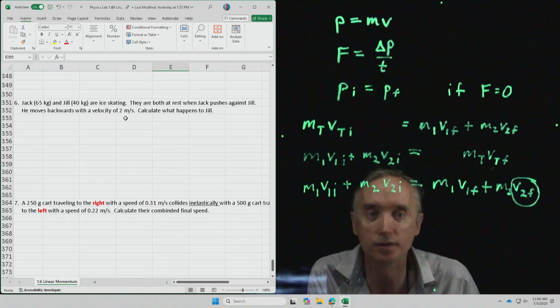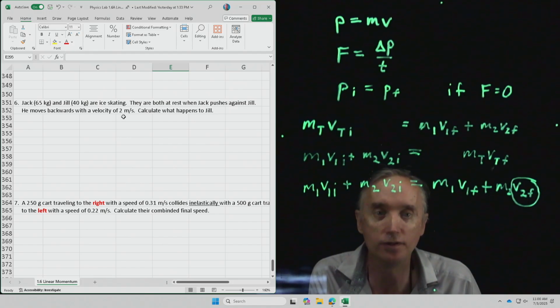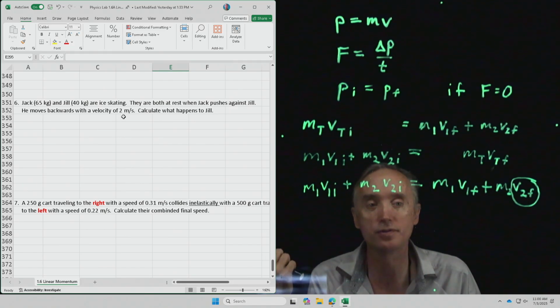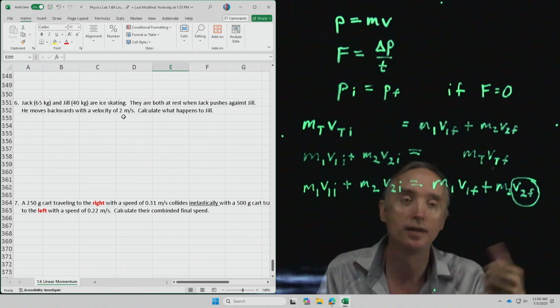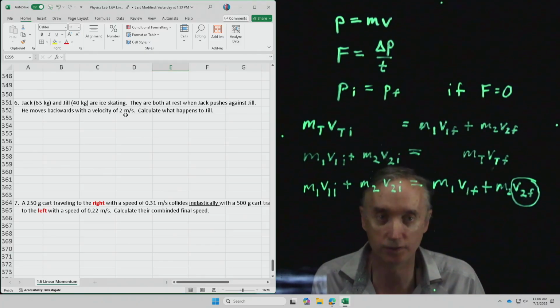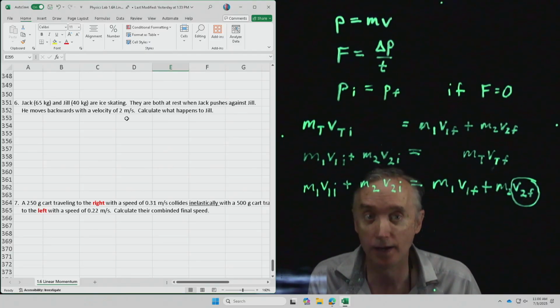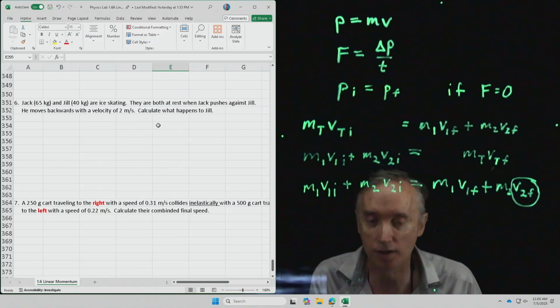Now notice that I didn't put a sign convention on there. So you need to figure out which one's going backwards and which one's going forwards. And that's going to be important because that determines the sign. And then calculate what's going to happen to Jill. So I need to know her velocity and in what direction she is going to go.